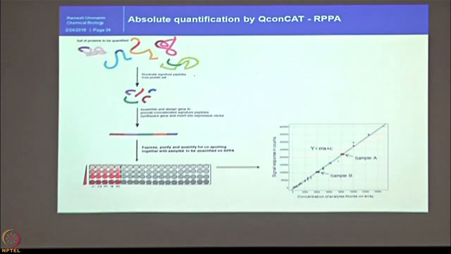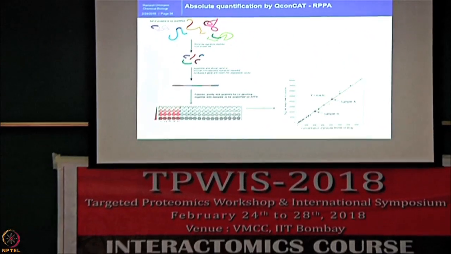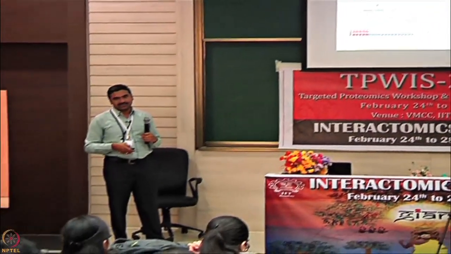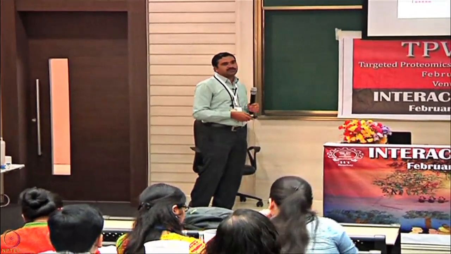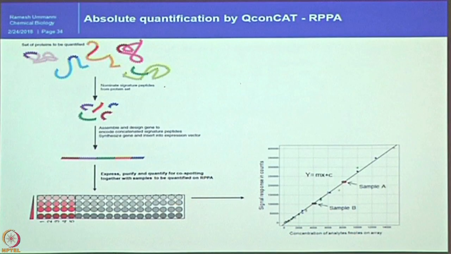So you can develop a method called the Q-concat approach by selecting those epitope regions of proteins and expressing them as fusion proteins. This is definitely useful in all kinds of protein array approaches, and you can develop a single fragment like this containing different epitopes. Those proteins can be printed as standards here in a concentration dependent manner, and then you can do the RPPA along with unknown samples.